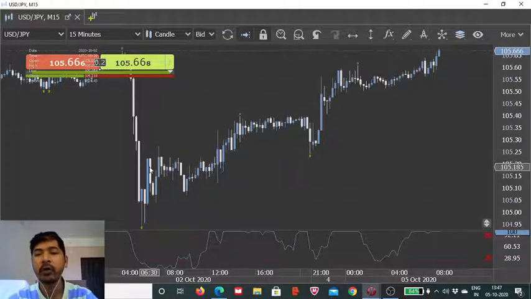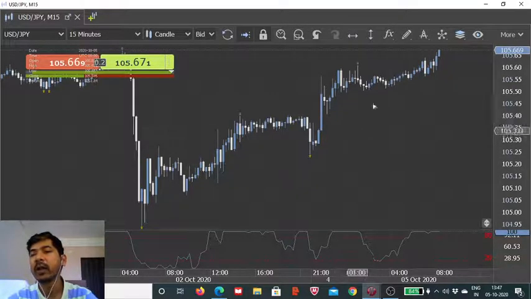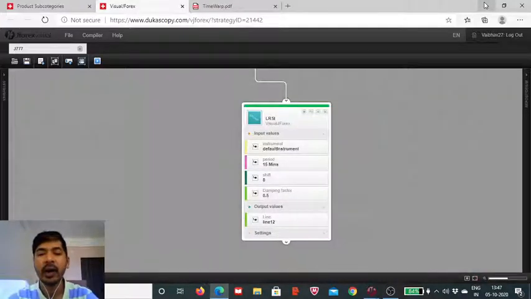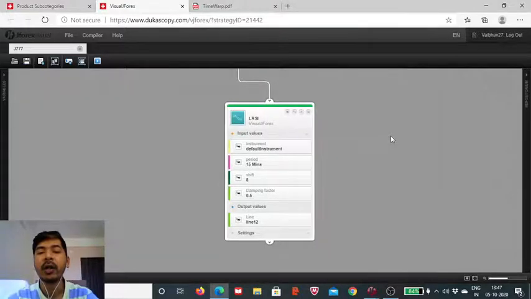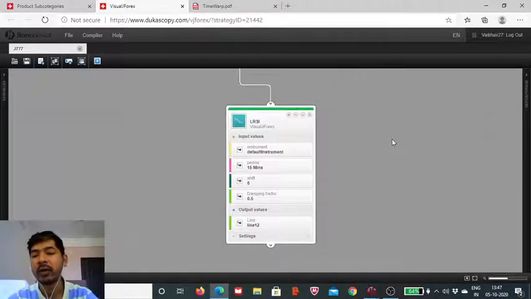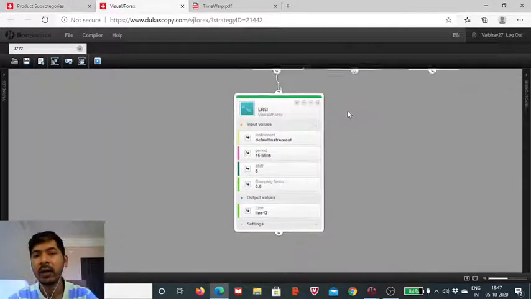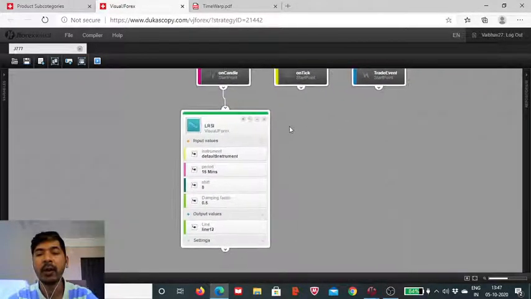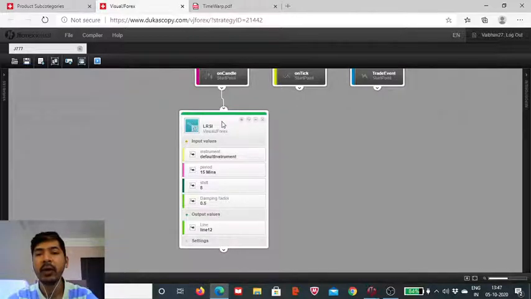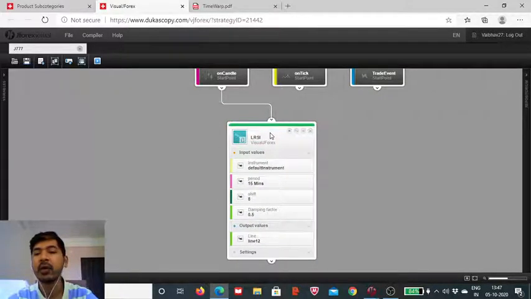So all you have to do is define these parameters, and then after you develop the algorithmic setup, all you have to do is test it, and there you will get to know whether the given setup has been profitable earlier or not, and it will be giving you a good idea of how efficient the system is, how efficient the trading setup which you have developed using the LRSI is going to be.